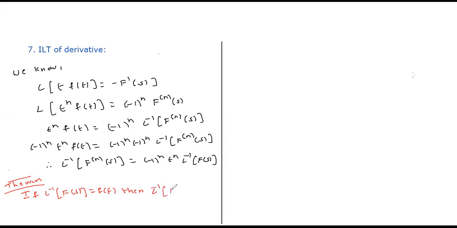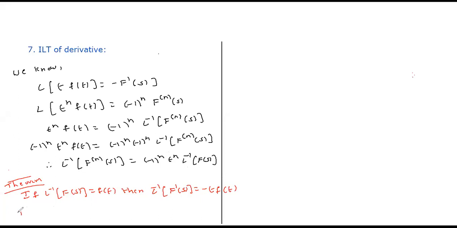L inverse of f dash of s: put n equal to 1, minus t f of t.